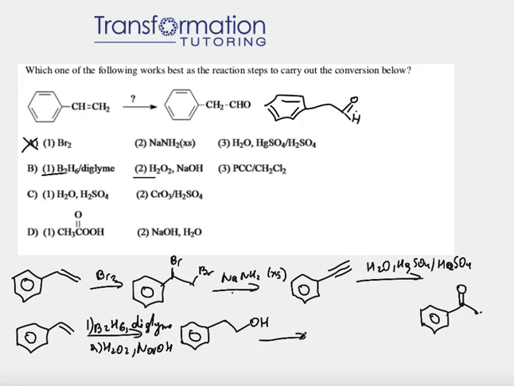Let's go ahead and do the third step. The third step is PCC with CH2Cl2, and this reagent converts primary and secondary alcohols into a double bond O. We see that our OH is on a carbon next to one more carbon, so it's going to convert this primary alcohol into a double bond O. Now if you look at the product, we can see that this product is exactly the same as what we're looking for.